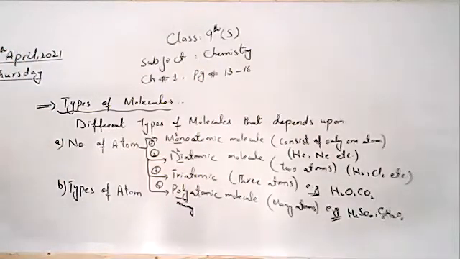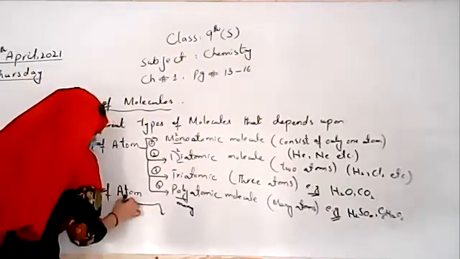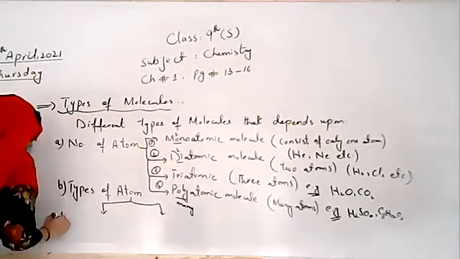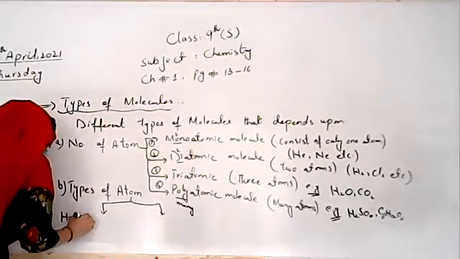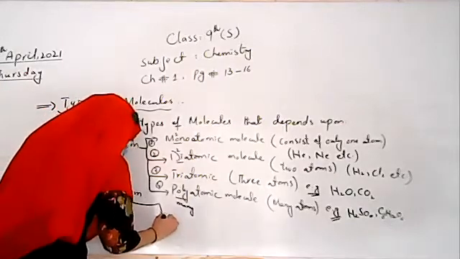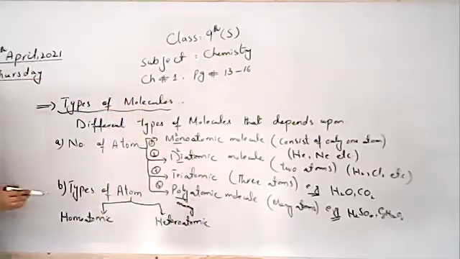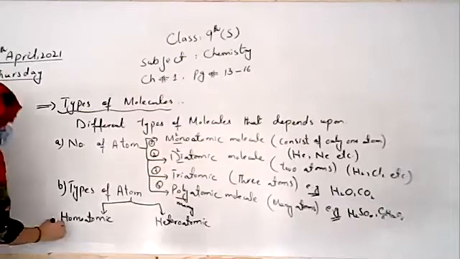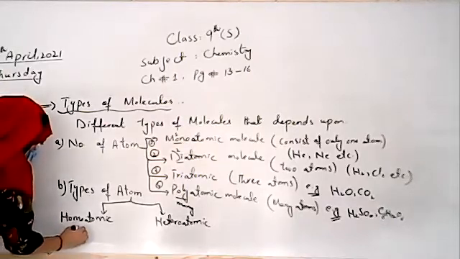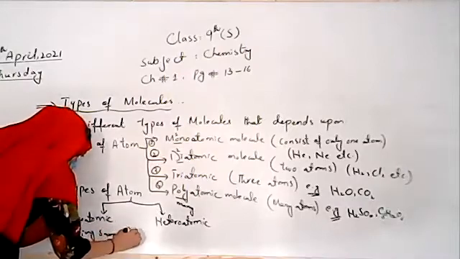Now comes the second, that depends on types of atoms. It is further divided into two main types: homoatomic molecule and heteroatomic molecule. Homo means same, hetero means different. Homo means having same atoms.